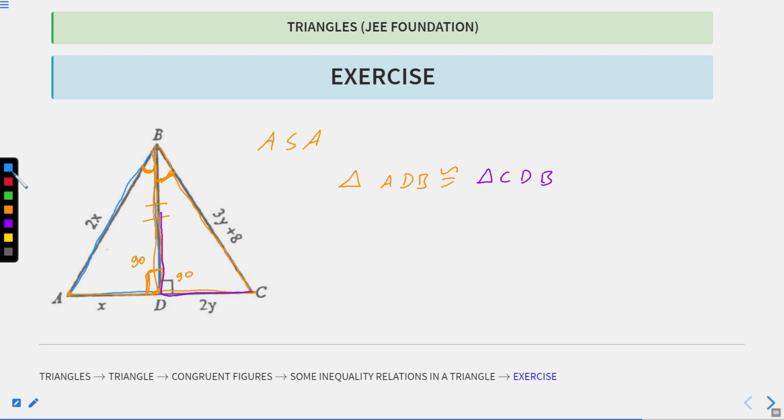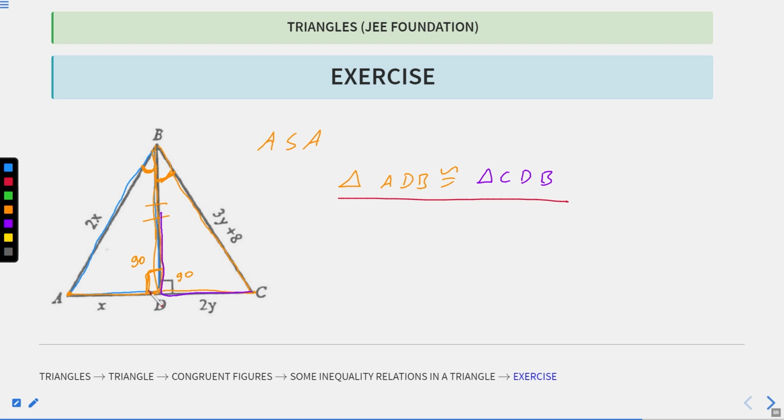Now we know that the two triangles are congruent, so from the congruency I can apply that the corresponding parts of congruent triangles must also be equal.